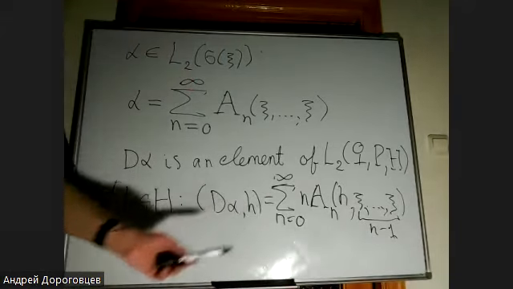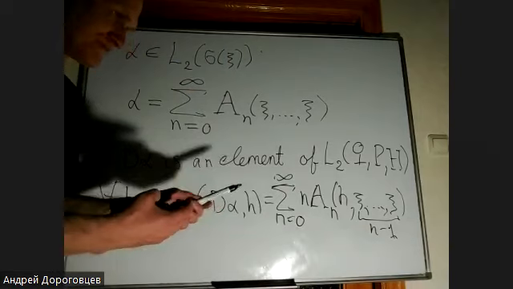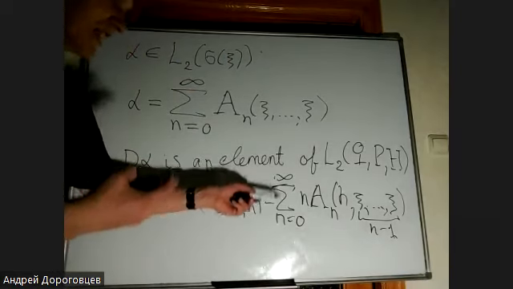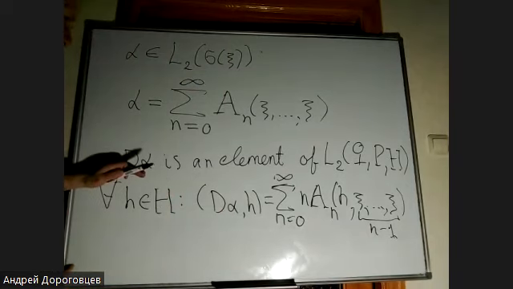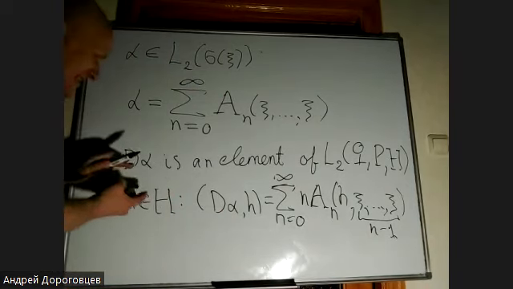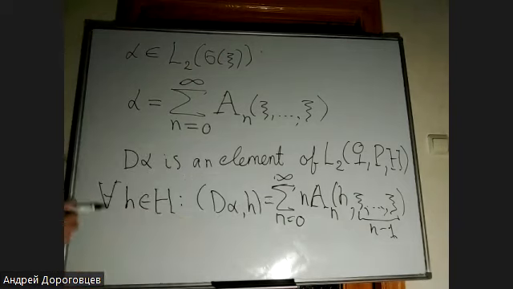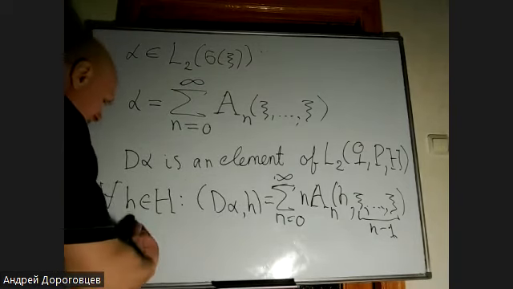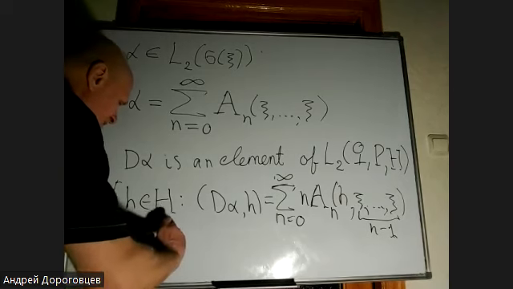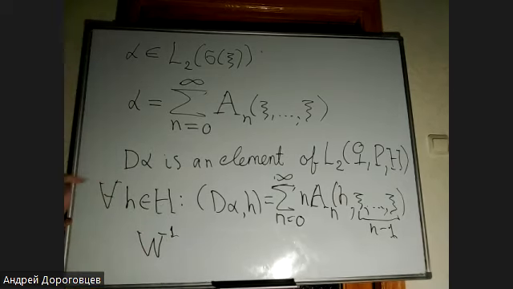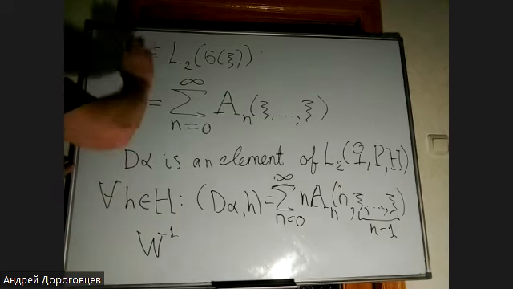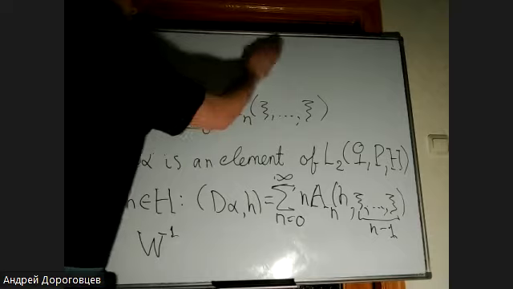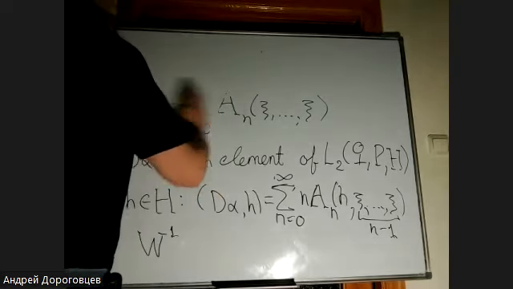Of course, it may happen that it does not converge, but we suppose that this thing exists, and in this case, it must be of the following kind. We denote by W1, as usual, the set of all stochastically differentiable random variables.